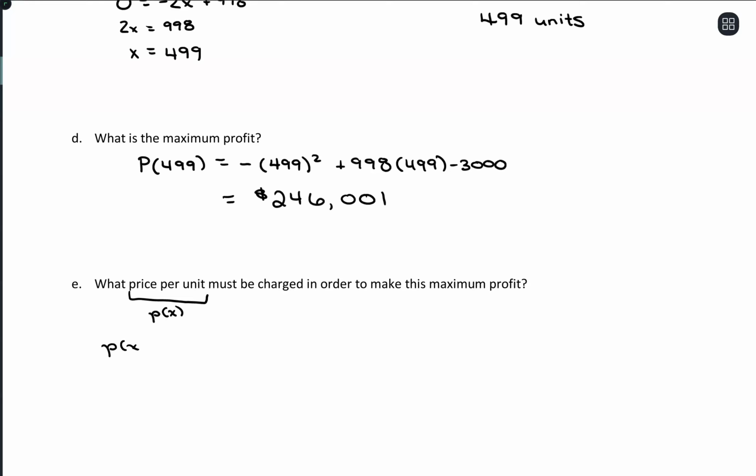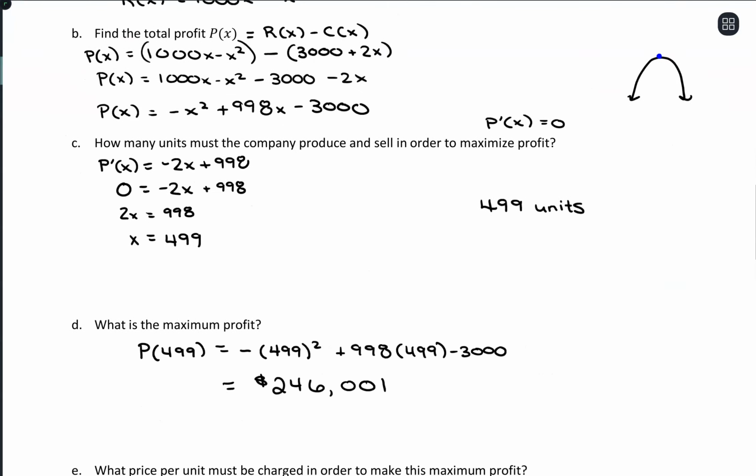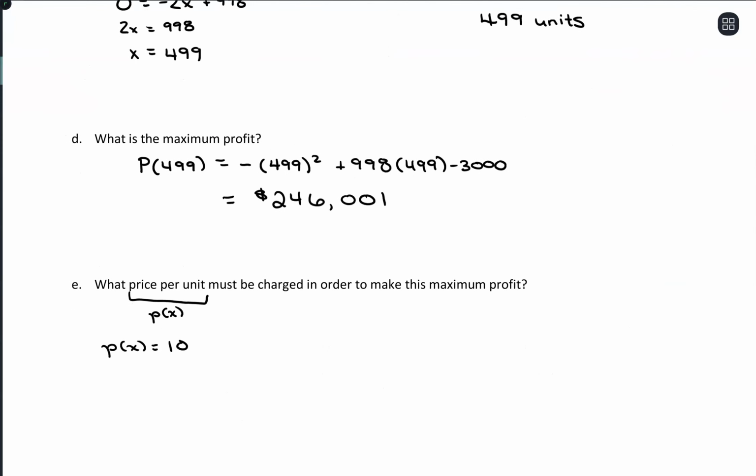So that little p of x equals 1,000 minus x, so we're going to go 1,000 minus 499, which is 501. So the price we would need to set for each unit is $501 per unit, and that would give us our maximum profit.